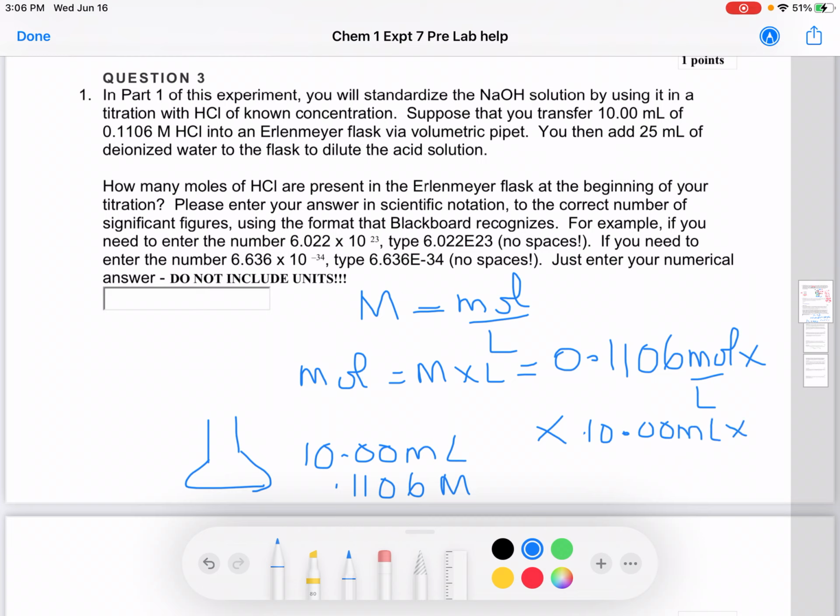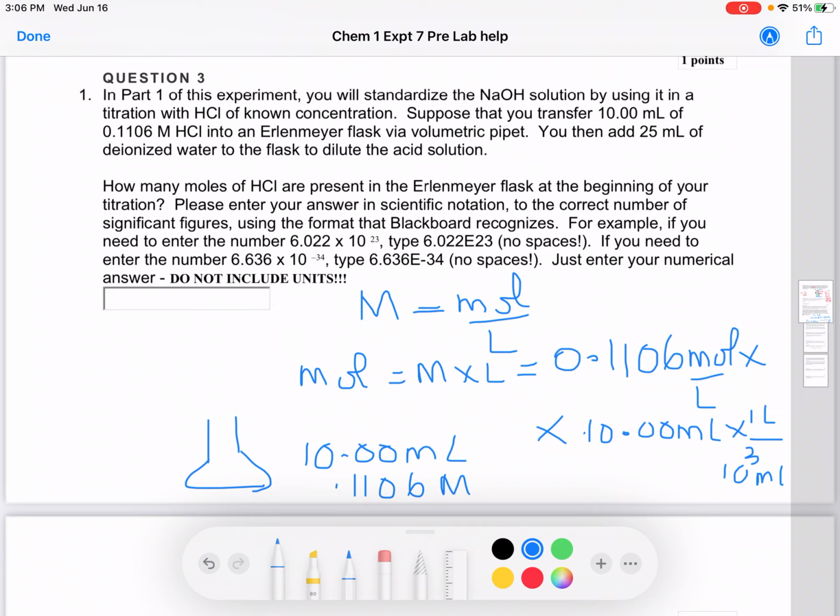Always convert milliliters to liters. So 10 to the power 3 milliliters equals 1 liter, right? So milliliters cancel, liters cancel, and we will have the number of moles.